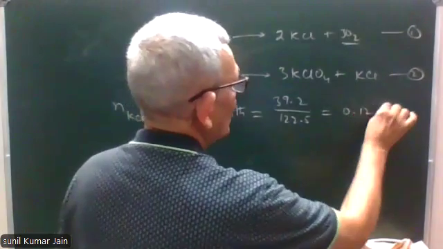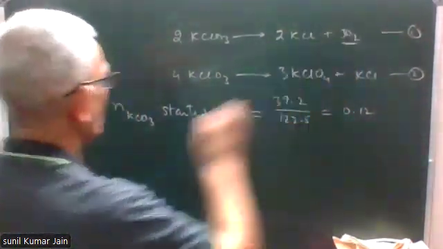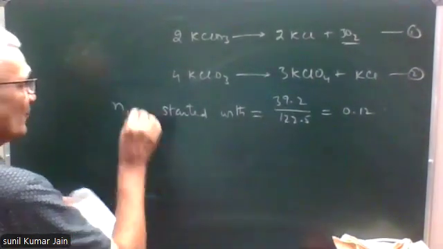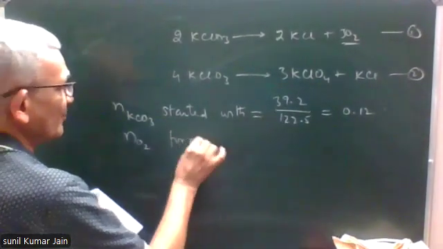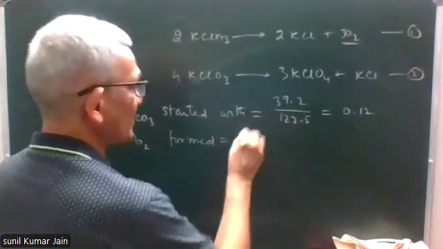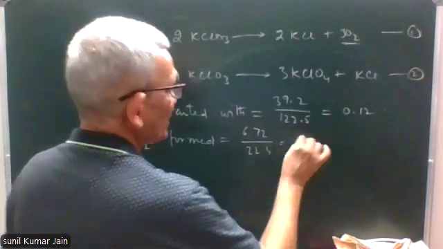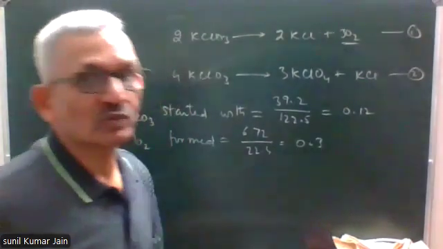This will come out to 0.32 mole. Now, number of moles of oxygen formed. We are given 6.72 liters. 6.72 liters divided by 22.4. This will come out to 0.3 mole.